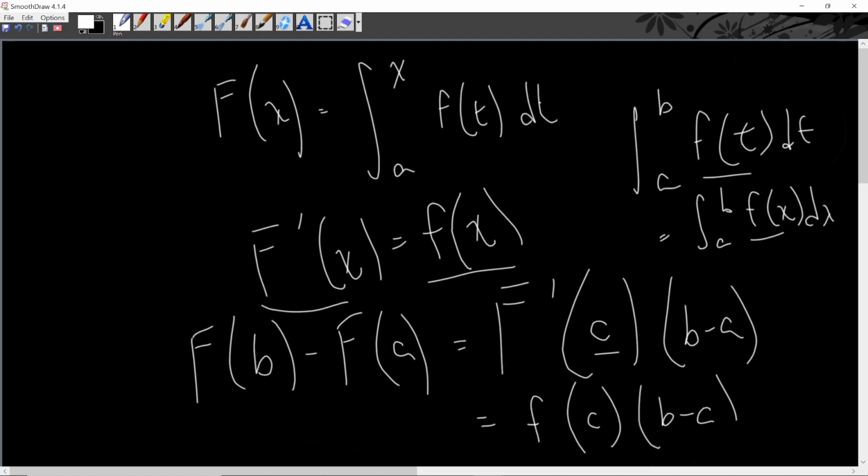And again, uppercase F of b minus uppercase F of a is the integral from a to b of f of x dx. So yeah, this is where we started.